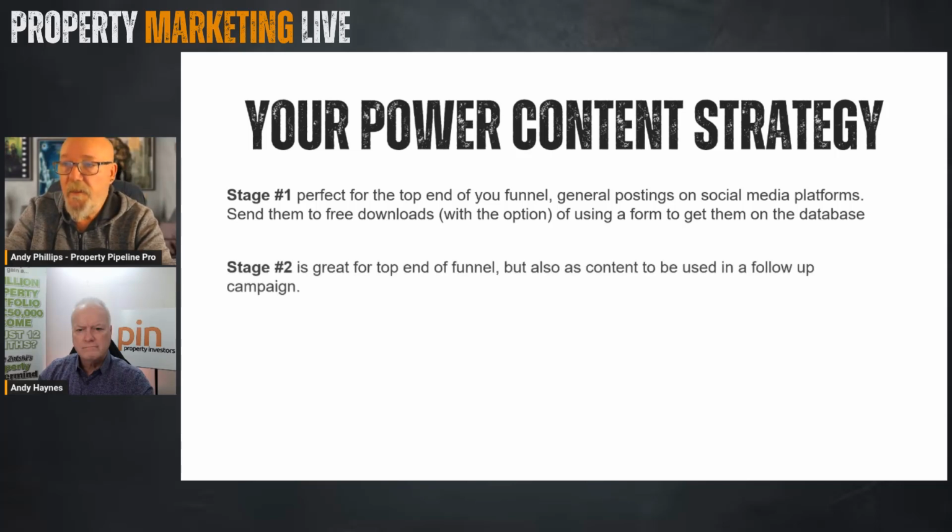Stage two is great for top end of funnel, but also as content we use to follow up in campaigns. So they may have come onto your site, they may have downloaded your prospectus, and this information is about them personally, their limiting beliefs about themselves. You can start putting in some content which will encourage them that they can do this, that they are good enough, or just helping them to overcome themselves.